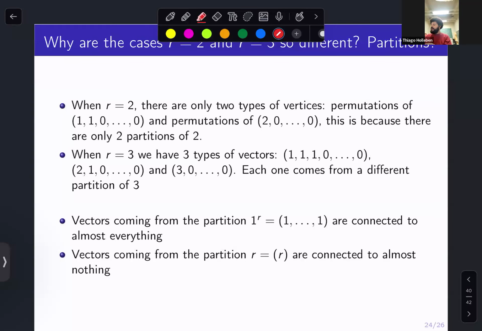The other extreme would be the partition where you only have one part. So that's like the vector R, zeros, right? And in that case, that vector is connected to almost nothing. So that's where you get the pointy thing in the end. It's not connected to anything. And so when you draw it, it looks like a pointy thing because you have a vertex that's almost isolated.